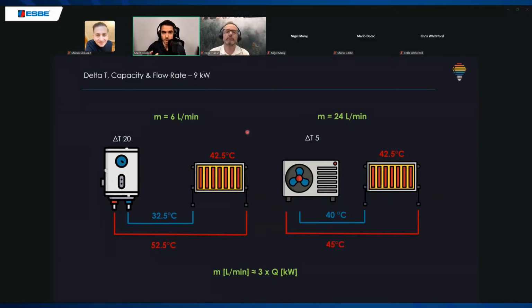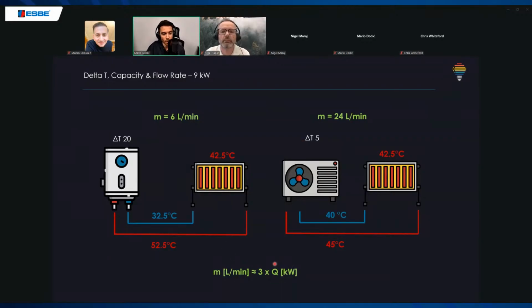It is important to remember that this delta T5 is a theoretical value. Nigel will explain something more about this later. It is related to our system. If our system is like the picture from the beginning, we will probably not have delta T5. This is the theoretical value that our heat pump will try to achieve. So just remember this quick formula.